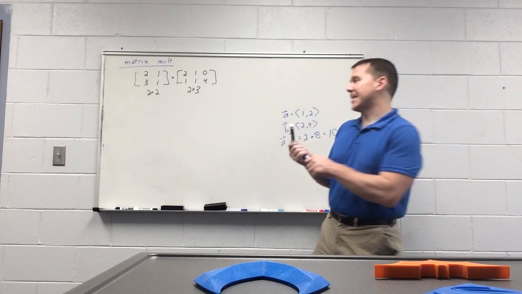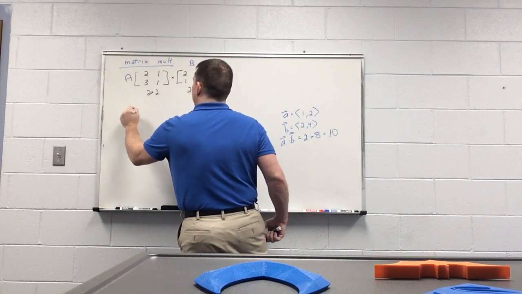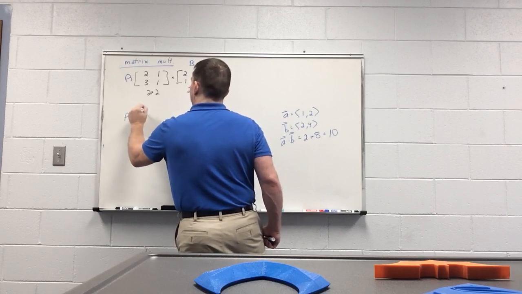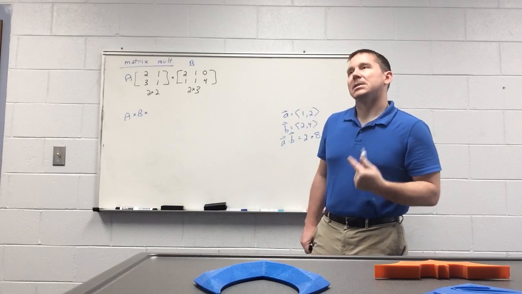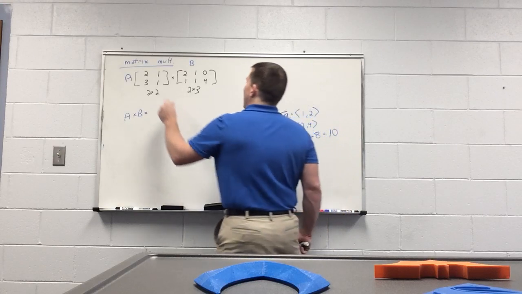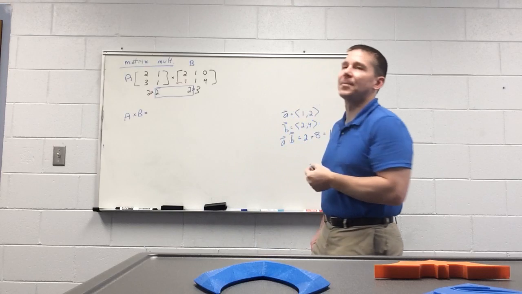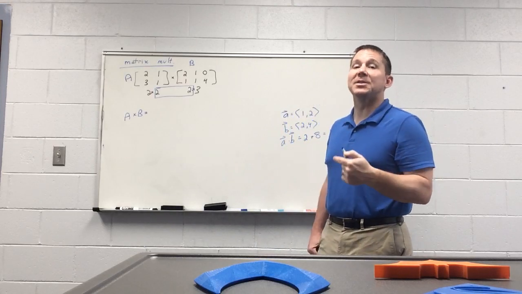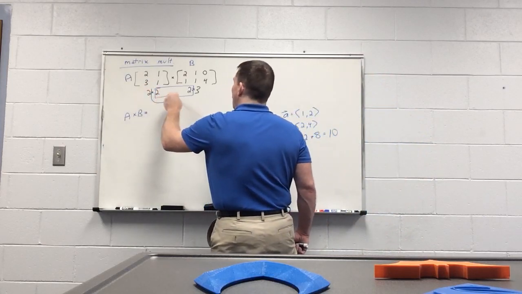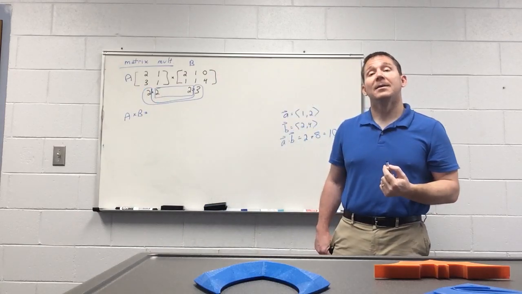In order to multiply them, if I call this A and this B, I want to find A times B. But you can only do it if you meet one requirement. You have to look at the 2 middle terms right here and see if they're the same. If they are the same, the matrices can be multiplied. If they can be multiplied, then you look at the 2 outer numbers, and that tells you the dimensions of the matrix you will get.